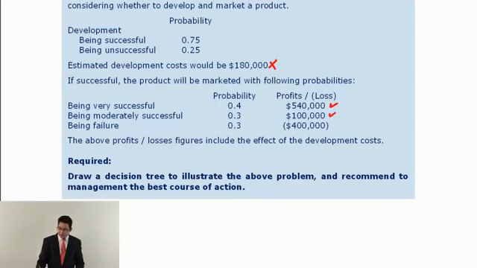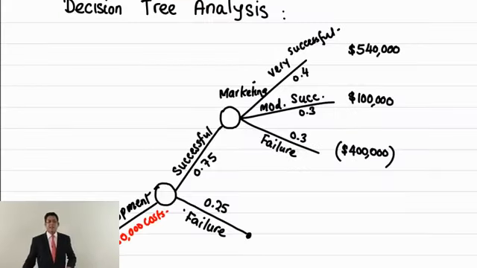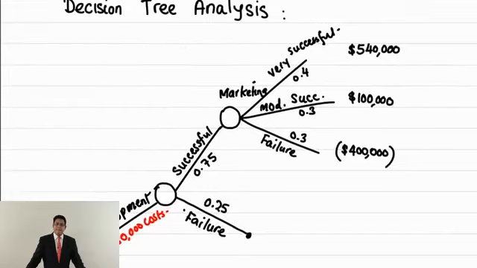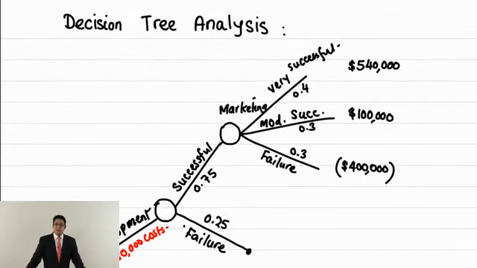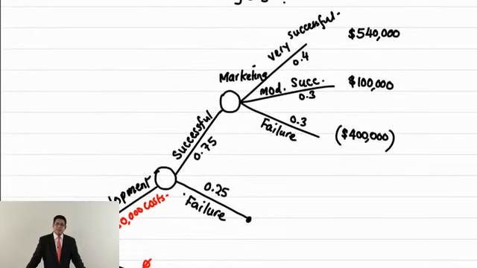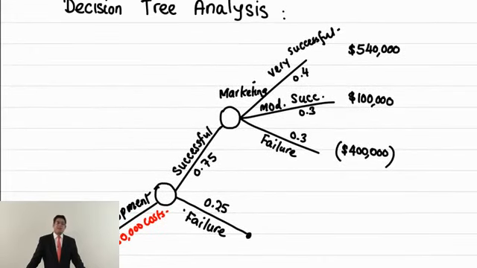540, 100,000 and loss of 400,000. That's the final net profits from this project. Okay. Right, this is a complete decision tree you can see here on the screen. Okay, this is a complete decision tree. Now the next phase is evaluation or analysis of this decision tree.